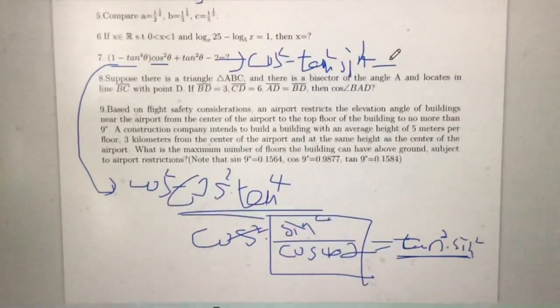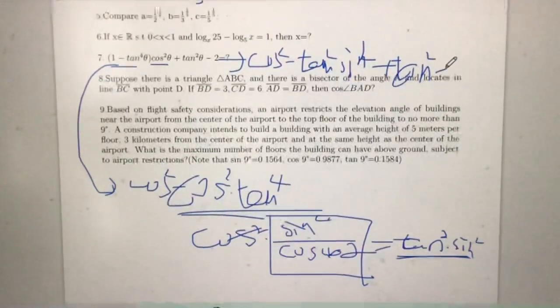And we plus tangent squared and minus 2. And what is next? Because there is a tangent squared here, and here is tangent squared here. So we just combine these two guys.